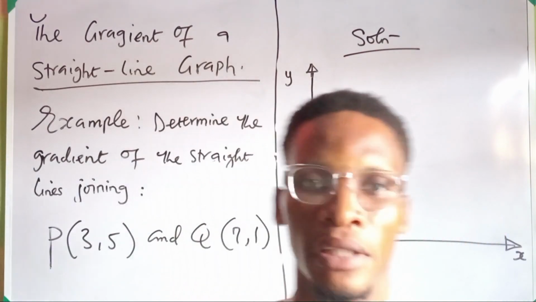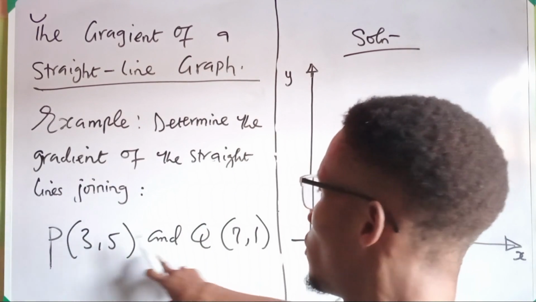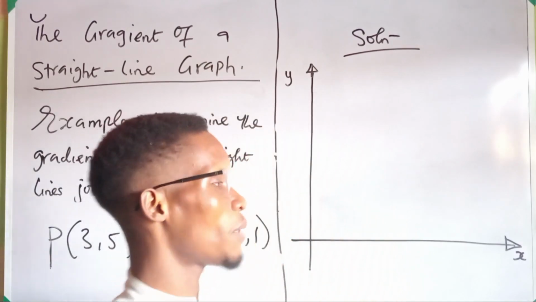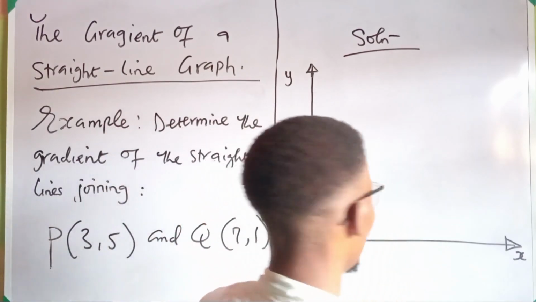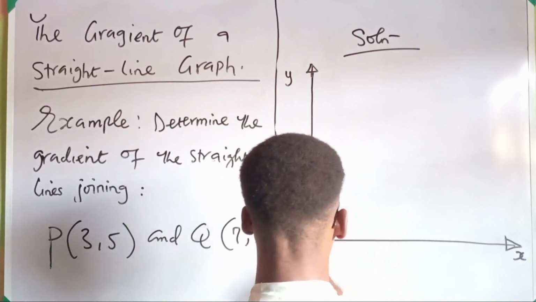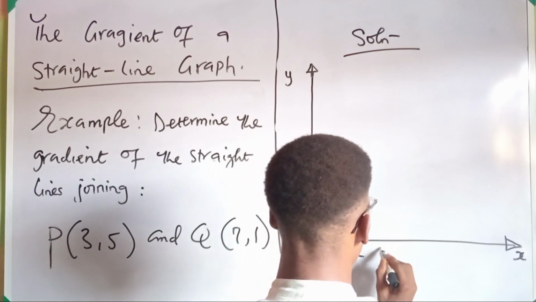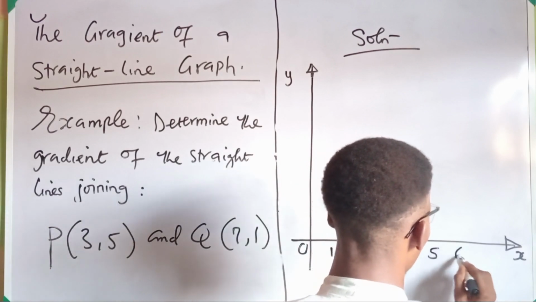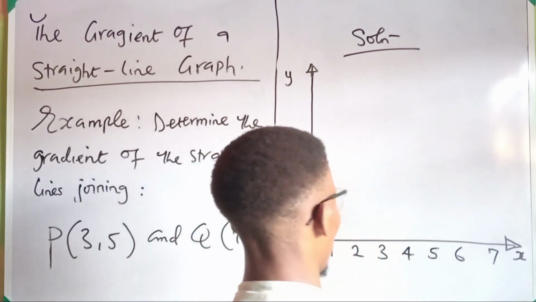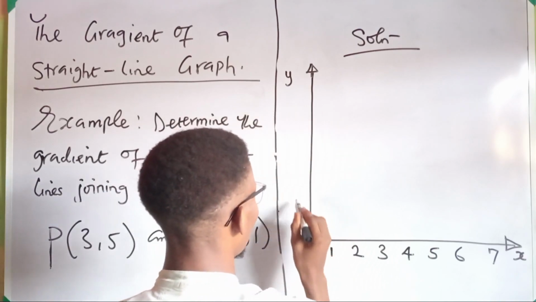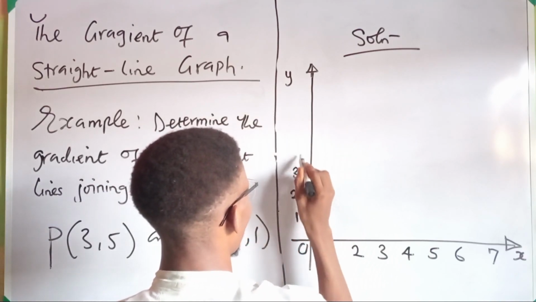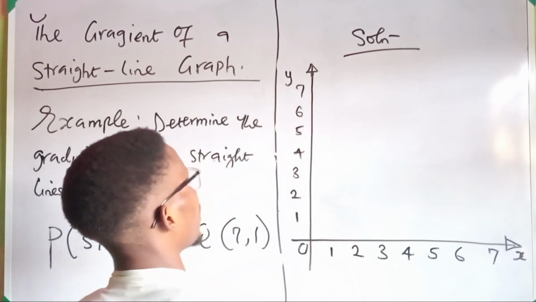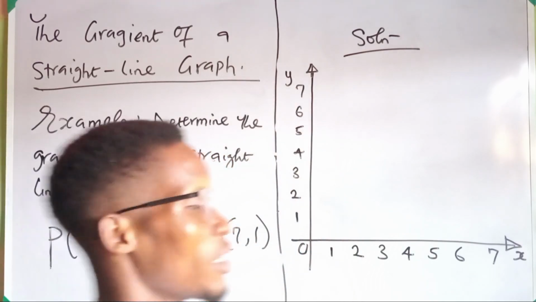The scale will be determined based on the coordinates that are given to you. I'm going to use a simple scale, which is 0, 1, 2, 3, 4, 5, 6, 7 on both axes. So this is the scale I'm using.